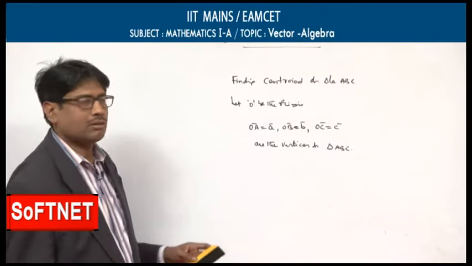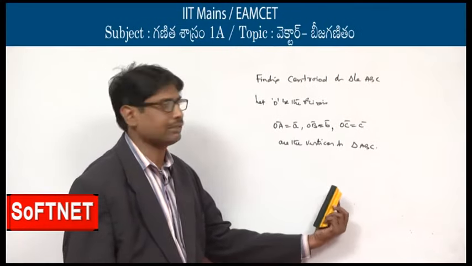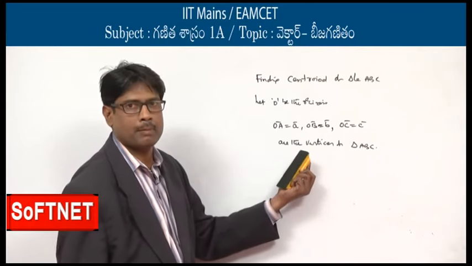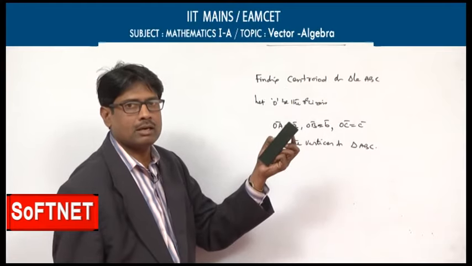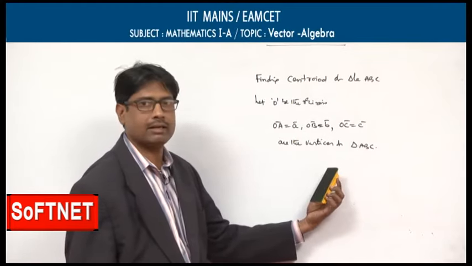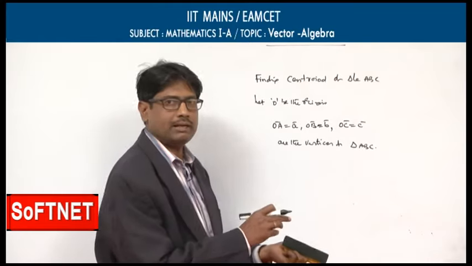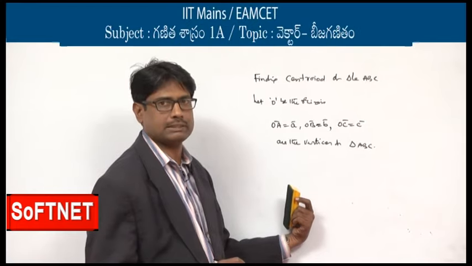Our aim is finding the centroid. Just now we did the midpoint of the position vector, now finding the centroid. You know the centroid, what is a centroid? In a triangle, the point of intersection of medians we define as a centroid. First of all, we will prove that medians are concurrent, then we will calculate the centroid of the triangle ABC.